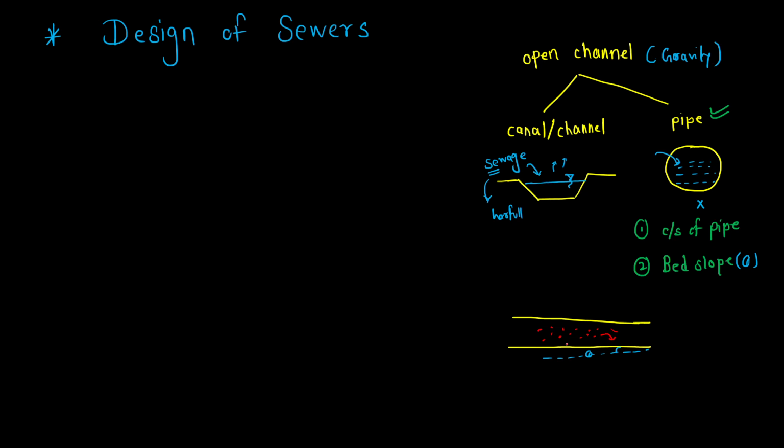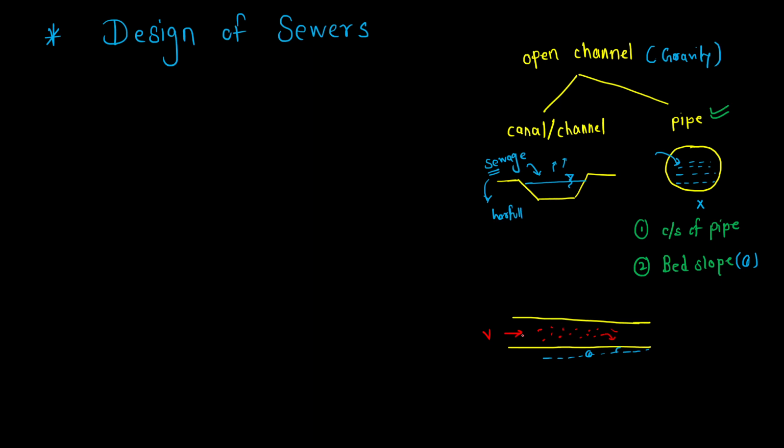These impurities should not settle in the sewer. Once again, I am repeating, the velocity with which the sewage is flowing should be such that there is no settlement of these particles. Such velocity is called the self-cleansing velocity.